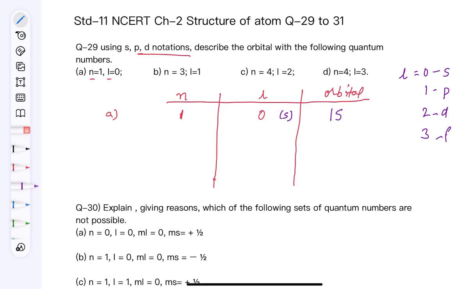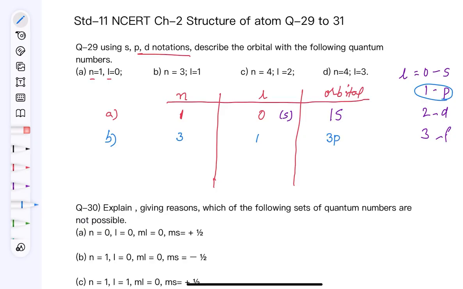Similarly for B, where n is 3 and L is 1, the principal quantum number is 3, but for L as 1 the corresponding orbital is P, so the orbital would be 3p.